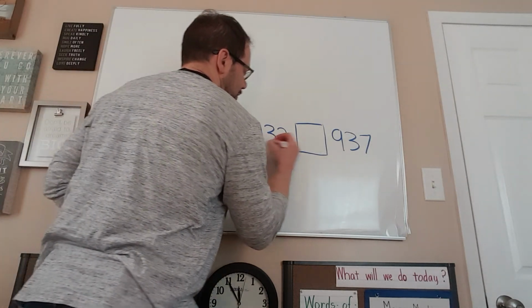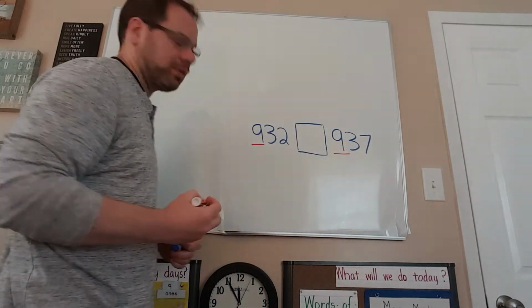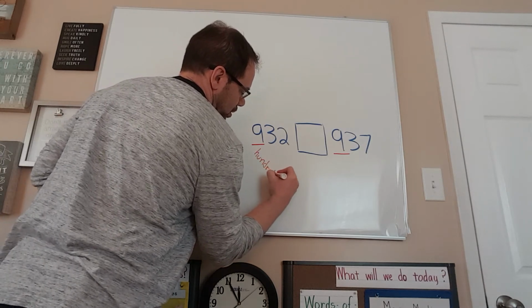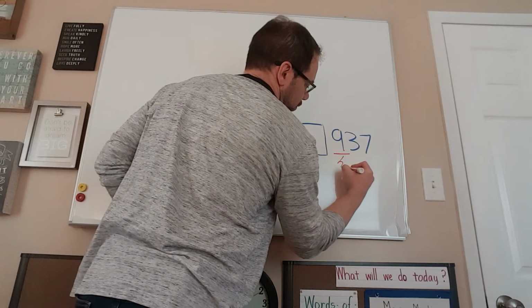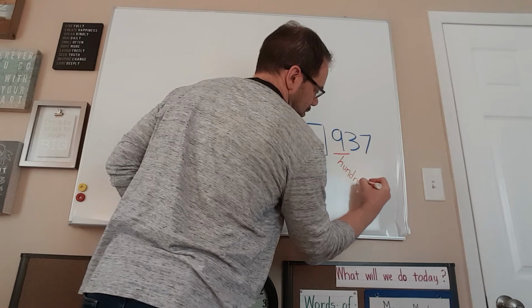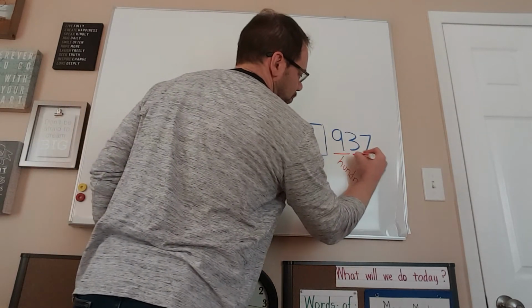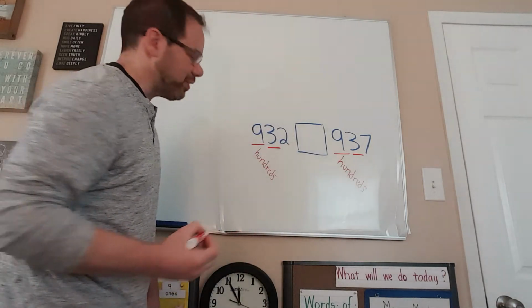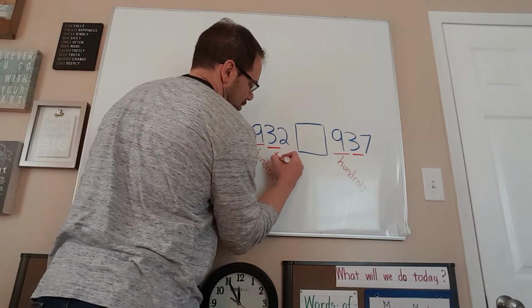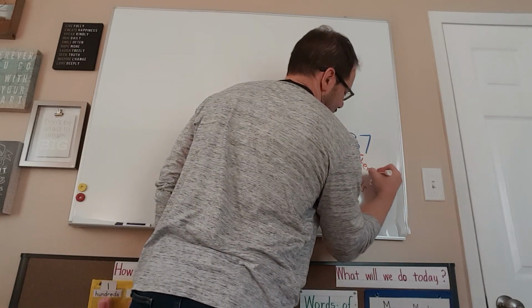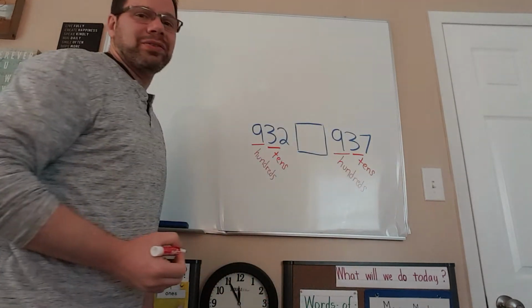They both have 900s, right? Hundreds. Okay, let's go to the next number. They both have 3 tens. Wow, it's going to be close.